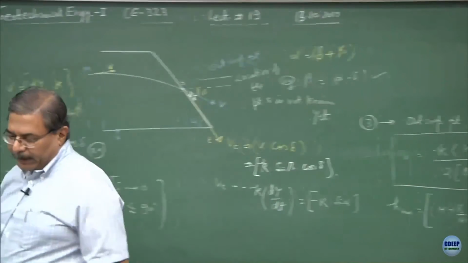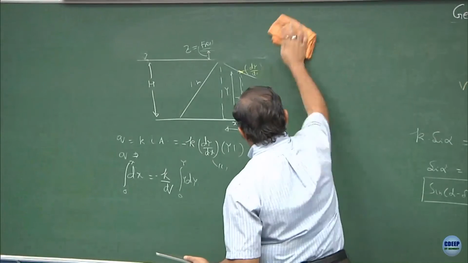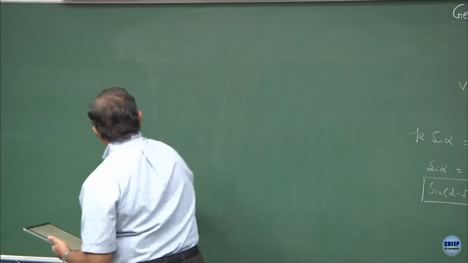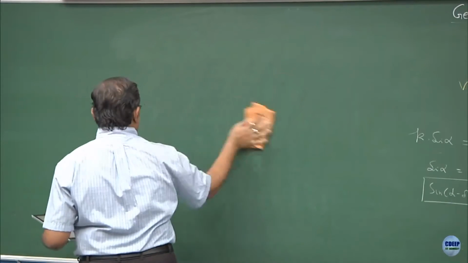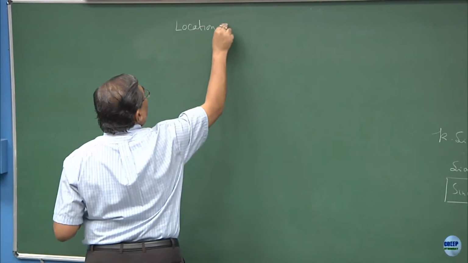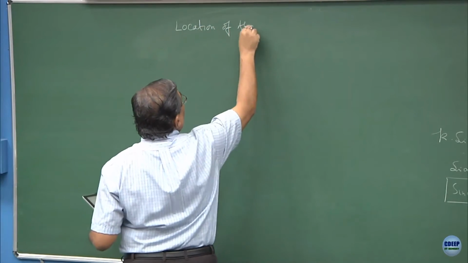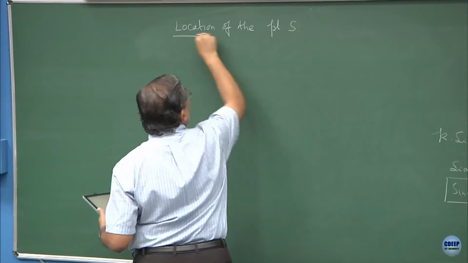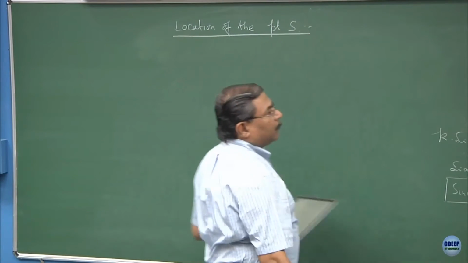So, we will try to find it out. Now, there are different methods of finding the location of the outcrop point. So, this is the point S.